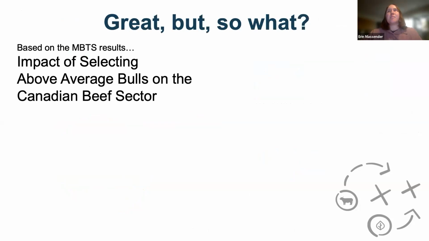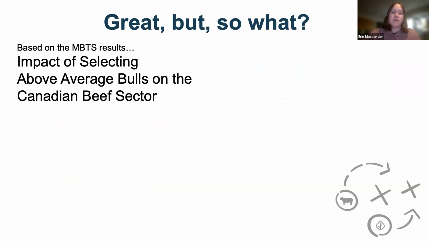Just to put these numbers in perspective, looking at the bigger picture, I took the numbers from the Maritime Bull Test Society and assumed that everyone in Canada was using just an above average bull. So not top by any means, just above 50% bull.